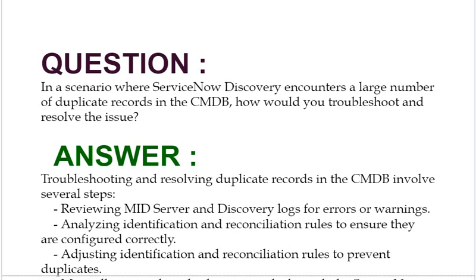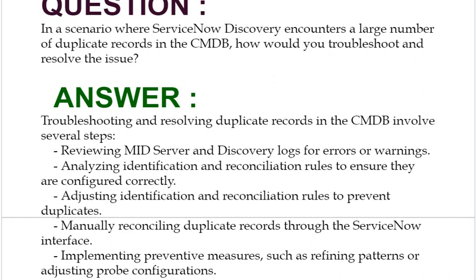Now moving towards the answer. Your answer should be: troubleshooting and resolving duplicate records in the CMDB involve several steps. Steps are: reviewing MID server and discovery logs for error or warnings. Next step is analyzing identification and reconciliation rules to ensure they are configured correctly.